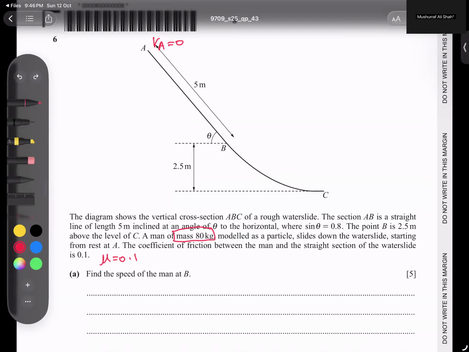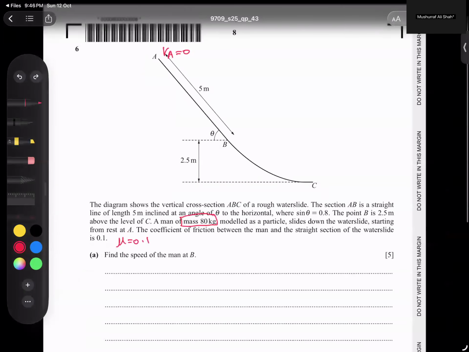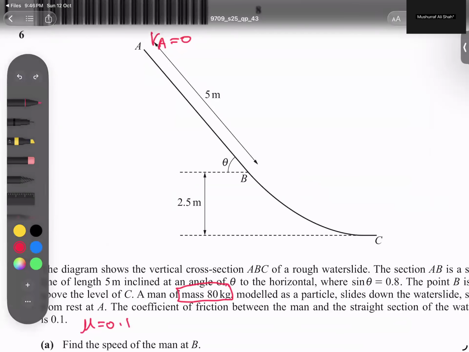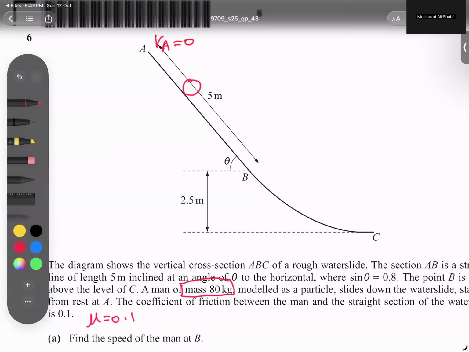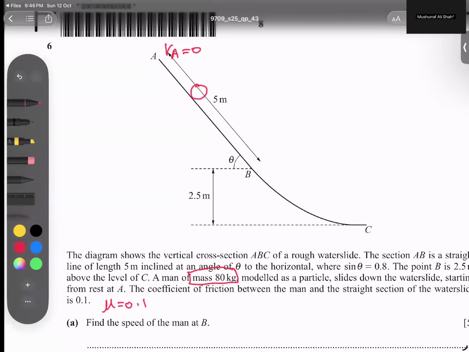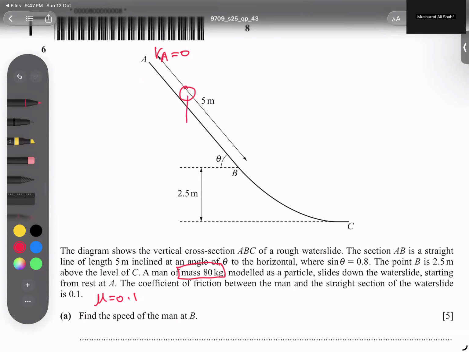Newton law technique is what? We know it very well. So when you talk about a particle, mass of the particle is 80. 80 into 10, it becomes 800 newtons. And this upward is R, and this downwards is 800 sine theta. So what is the frictional force?